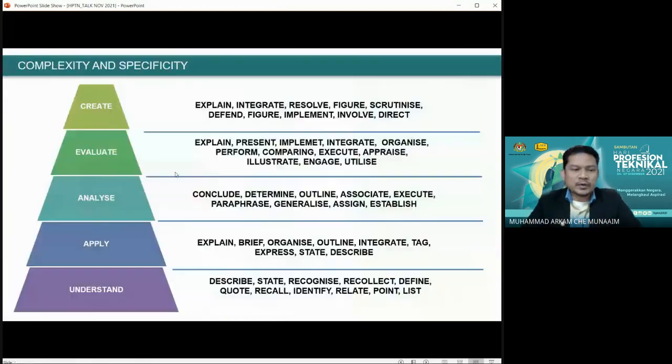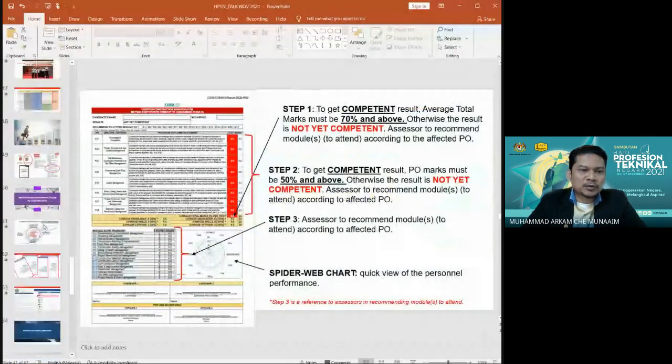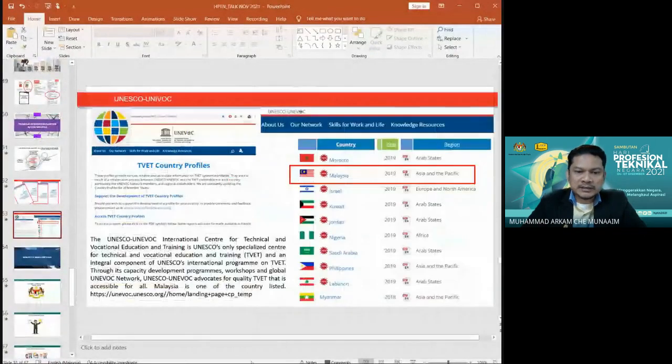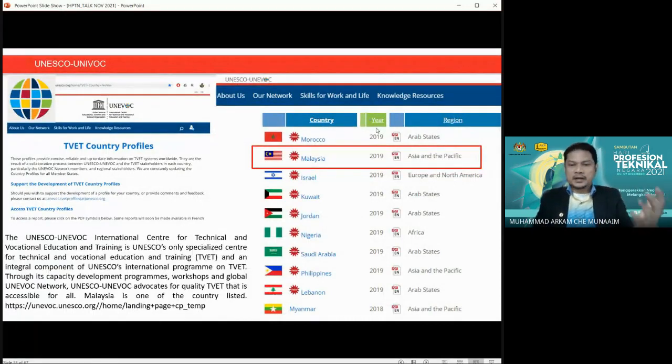The whole framework, when it talks about the internationalization of the program, is about exporting our experts to other countries, Malaysia as well as internationally. So that is the framework. We can understand their skills by looking at their competency level. Level 4, you should be able to do this. Level 5, you should be able to do this. Level 6, you should be able to do this.